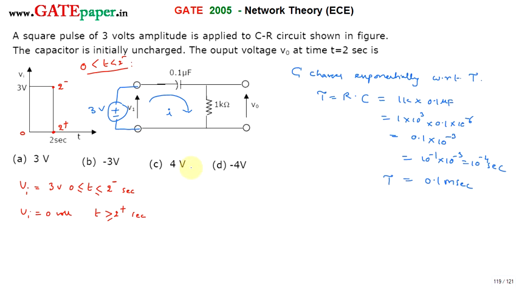Remember, the voltage across a capacitor while charging is defined as Vc of t equal to V into 1 minus e power minus t by tau.